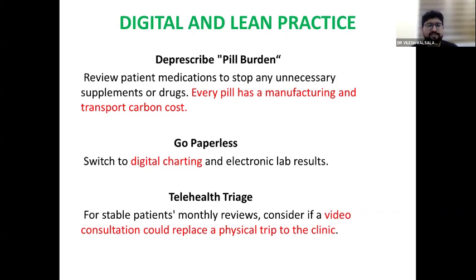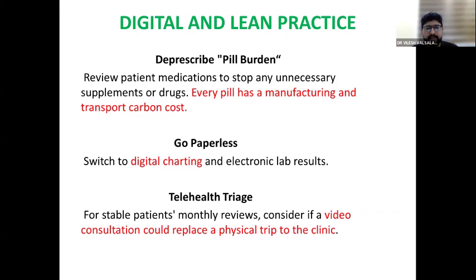You have to review the patient medications to stop any unnecessary supplement of drugs. Every pill has a manufacturing and a transport carbon cost. So the basic idea is an indirect way of reducing carbon emission. By properly checking the medication sheet and reducing the pill burden, we eventually decrease the manufacturing and transport carbon cost.